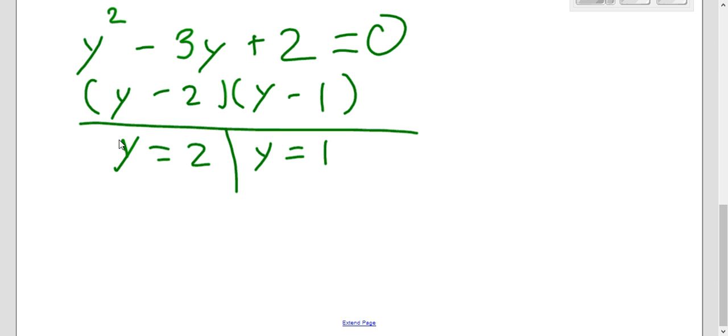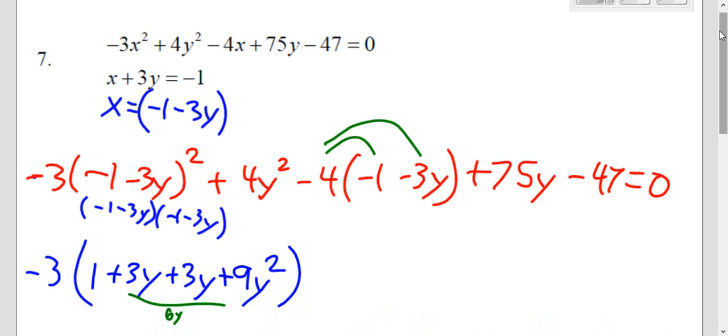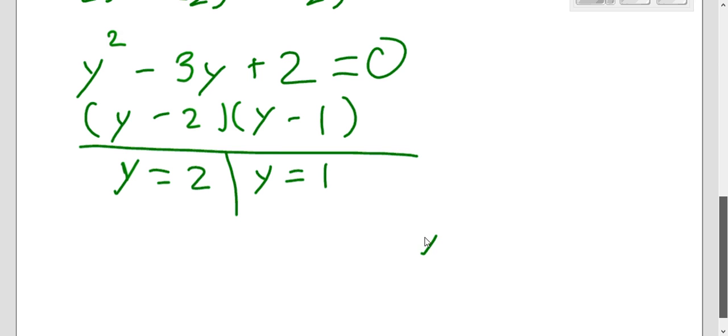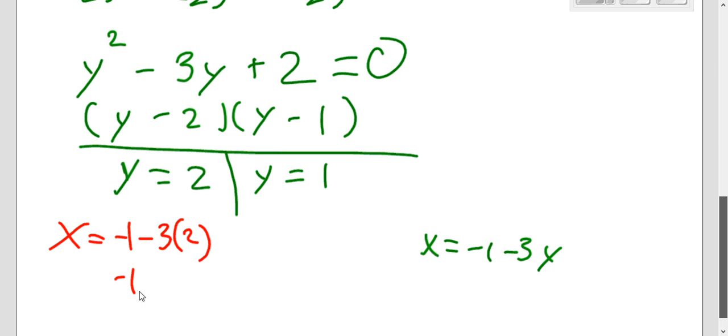And we've got to take those back and plug them into our equation that had x equals, way back here in the beginning, x equals -1 minus 3y. So x is -1 minus 3 times 2. -1 minus 6 is -7.